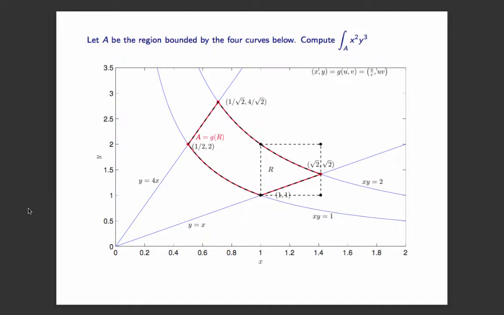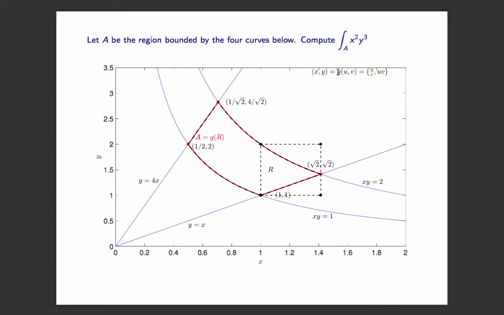So if we were to apply the change of variables given here, G of (u,v) is (u divided by v, uv), and apply that to this rectangle, I would fall right on top of this red boundary. So this black dashed is this change of variables applied to this boundary, and of course the interior of R is mapped to the interior of A.